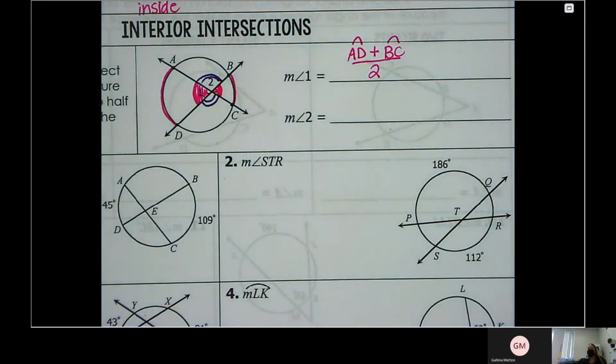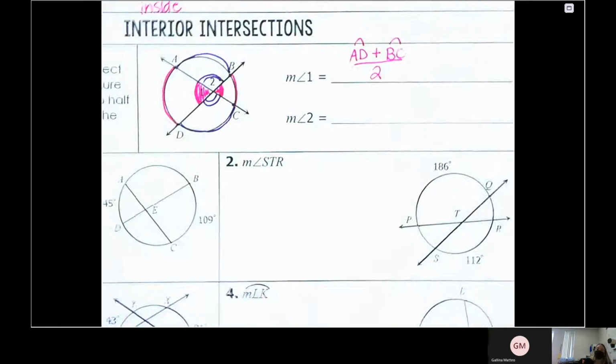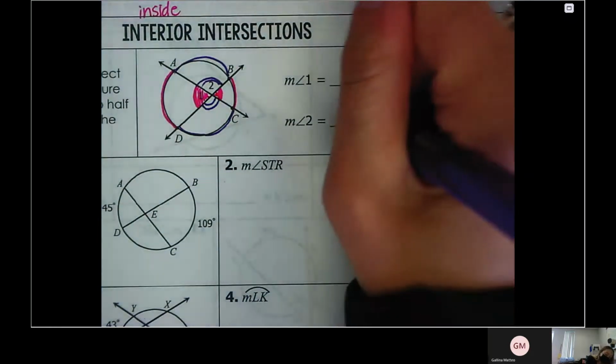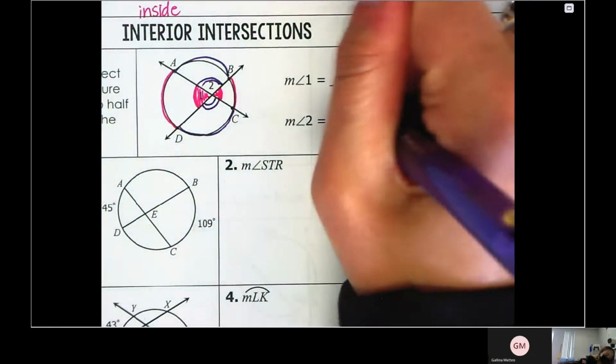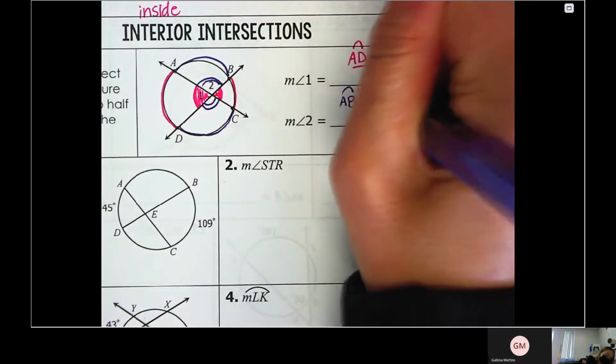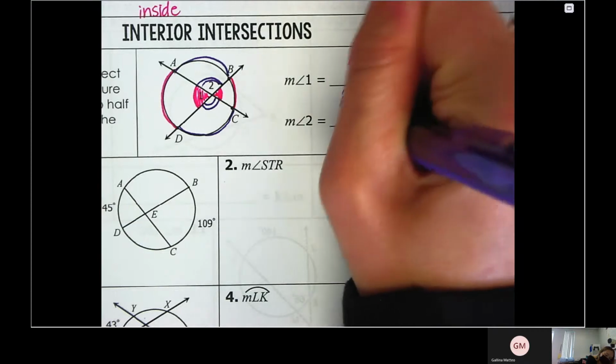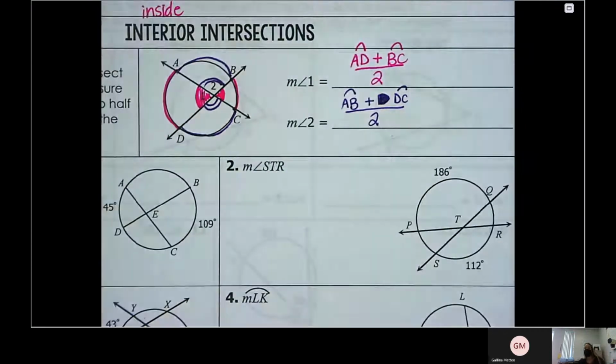So which two arcs would I be adding together for this one? AB and DC. Good. So I'm going to add together arc AB plus arc DC and then divide by 2. Apologies.